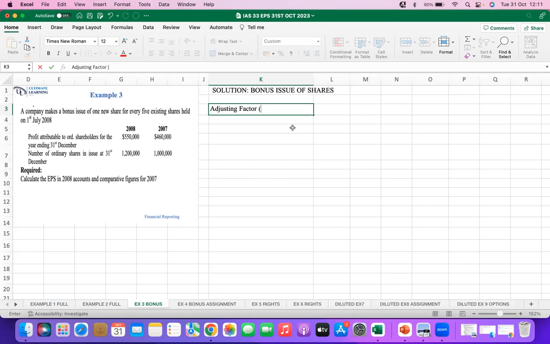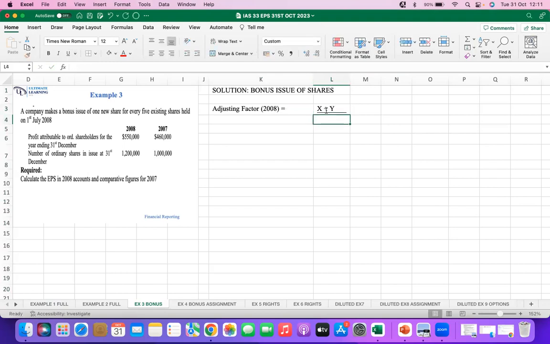Now, the adjusting factor for the current year, which is 2008, we said it is X plus Y divided by X. So that is new, 1 for every 5.